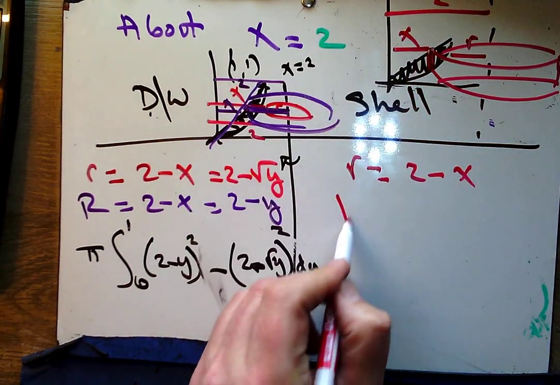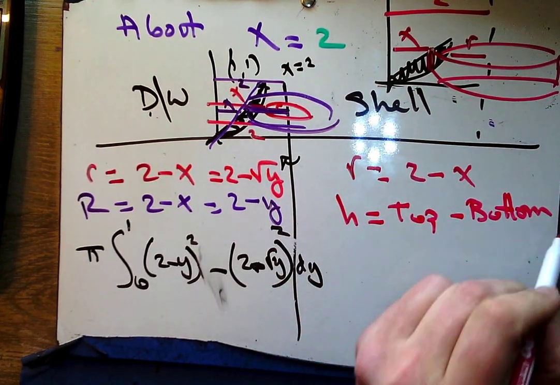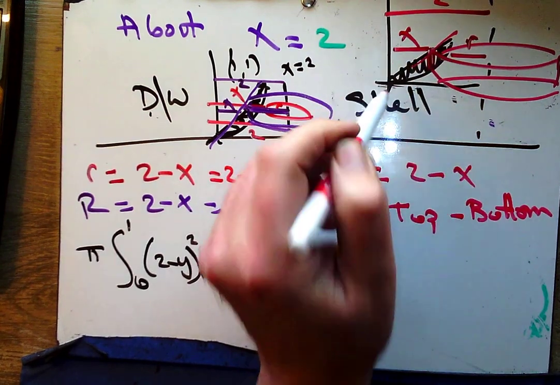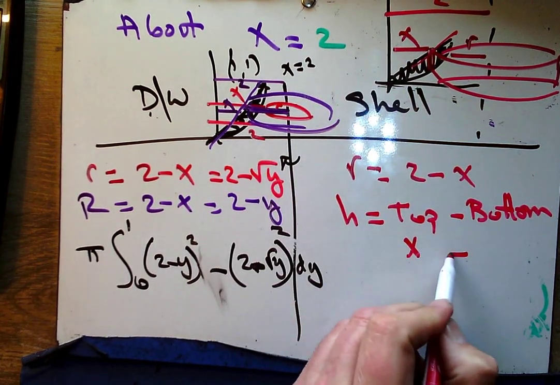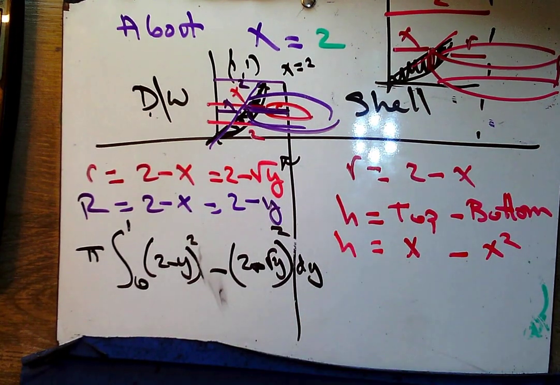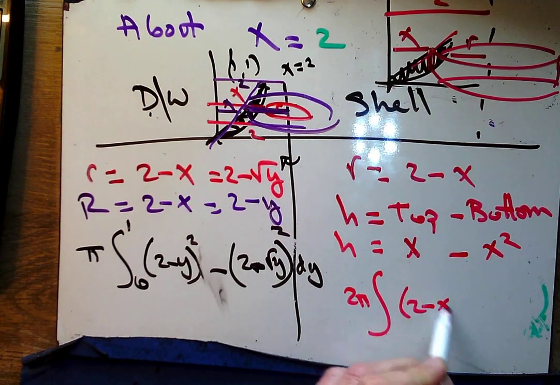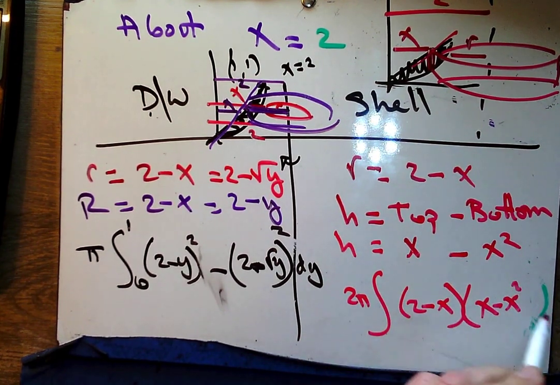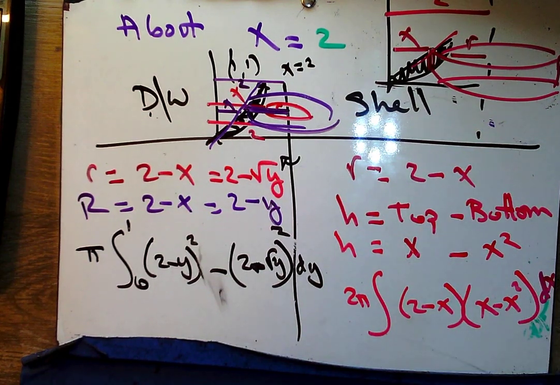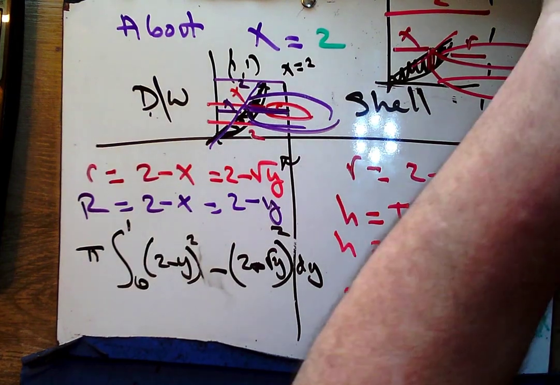Here's the height. Height is top minus bottom. The top is y equals x, and the bottom is y equals x squared. So I end up with 2 pi (2 minus x)(x minus x squared) dx. And there it is. I really do think that a hard washer can be an easy shell.